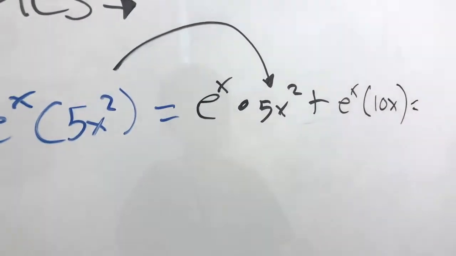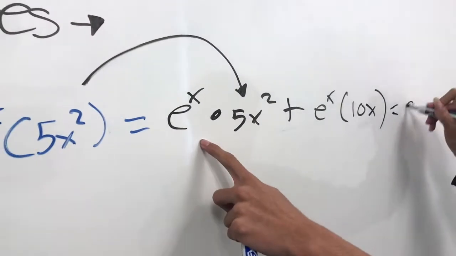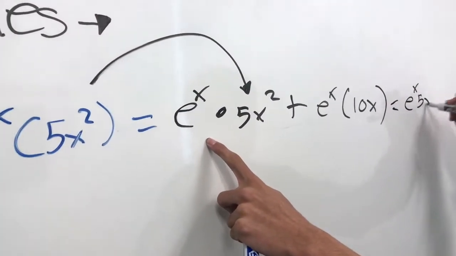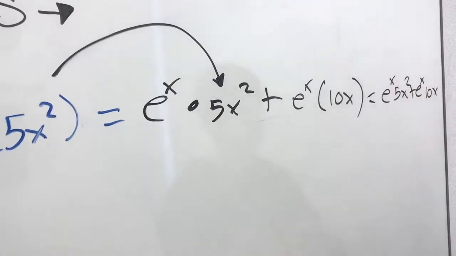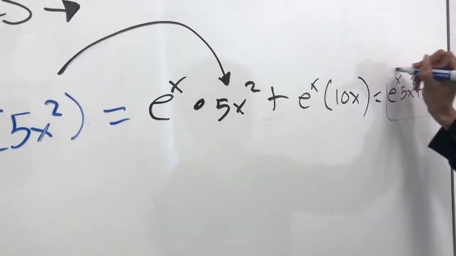Then, when solving this, we'll get e^x times 5x^2 plus e^x times 10x. And this will be our final result.